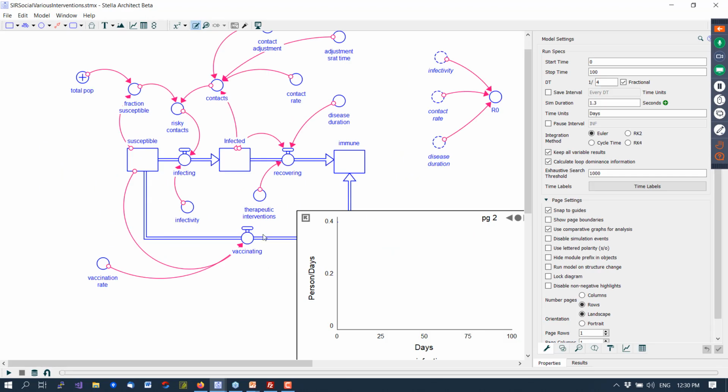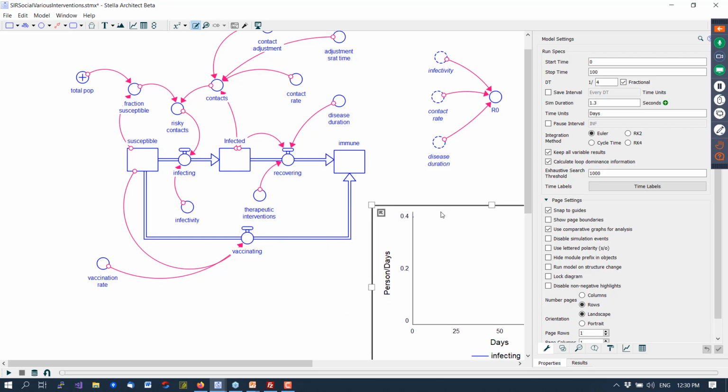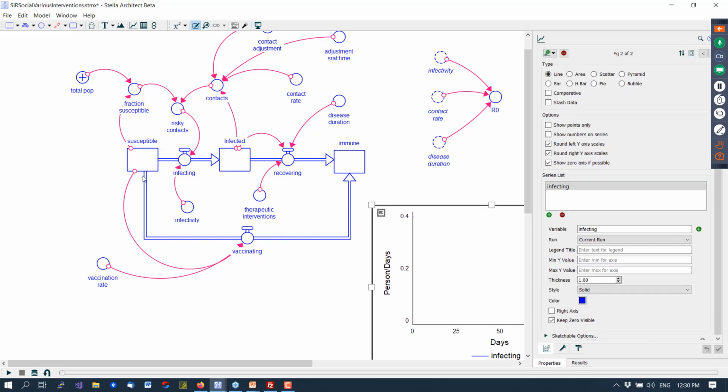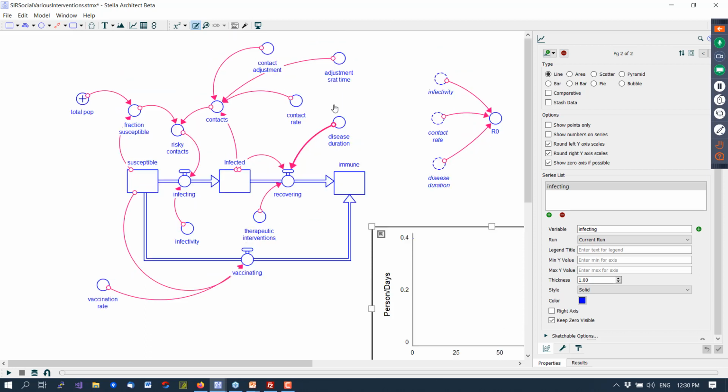So this is the same thing we've been looking at, but I've added in some additional interventions. One is vaccination, which pulls people out of susceptible and puts them right into an immune category. Another one, I've got the social contact rate and adjustment start time, contact adjustment coming into contacts, which we just went through. And then I also have a disease duration with a therapeutic intervention.